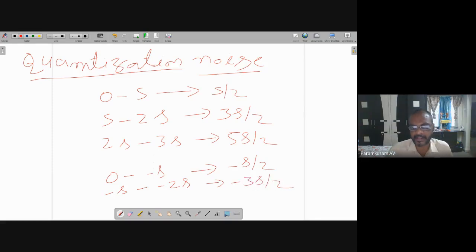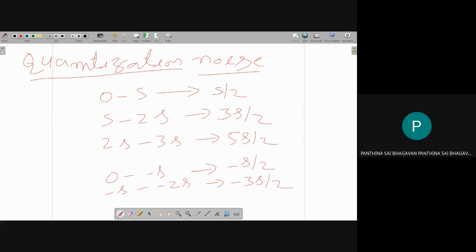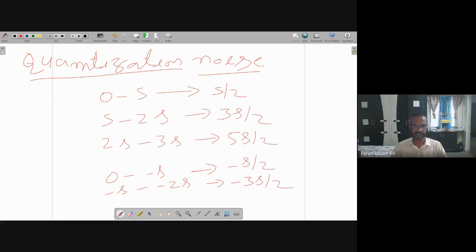Now see, if I give you the number 3 and you approximate it by 3.6, what is the error in that approximation? Can anybody tell? If a voltage of 3 volts is approximated by 3.6 volts, the error is 0.6 volts.